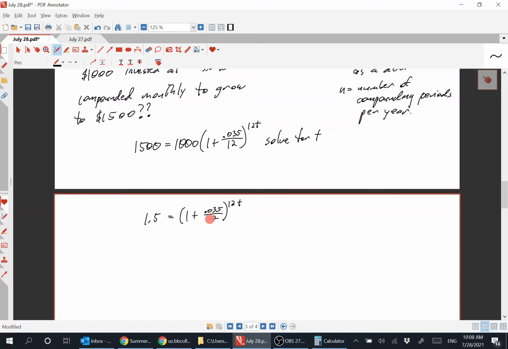All right, so we solved for the exponential expression first. Now I can take a log of each side. Let's do log base 10 this time. Log base 10 of 1.5 is equal to log base 10 of 1 plus 0.035 over 12, to the 12t. Now that exponent comes out front.